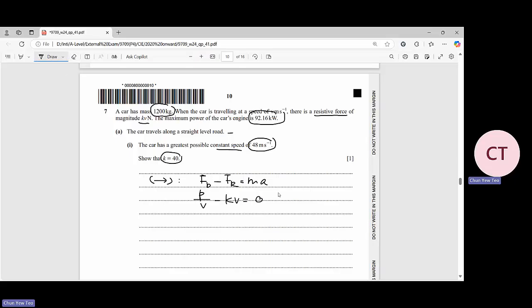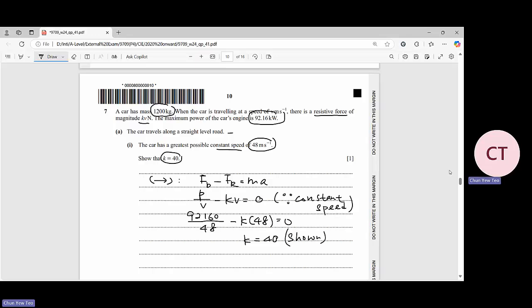Just need to explain that it is because you are having constant speed. So over here, P is 92160 if you multiply by 1,000, then V is 48, minus K times 48. So just by using calculator, you can show that the answer for K is 40. Shown.